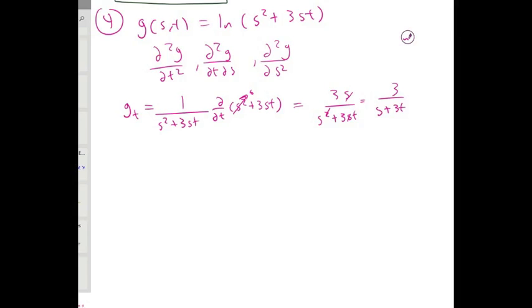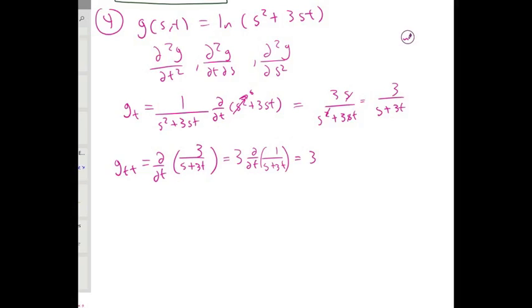That's our dg dt. So now to find the second derivative with respect to t, we take the t derivative of this, s plus 3t, and we pull out a 3, and we take the derivative of what's left. So we just use a chain rule.